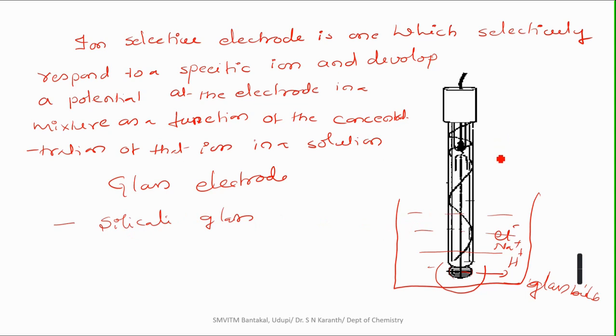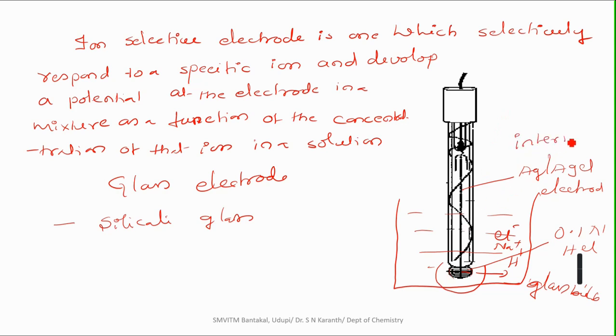Okay, and this glass bulb is filled with a standard solution, that is N by 10 HCl. Simply a silver chloride electrode is inserted at the middle of the bulb, acting as an internal reference electrode.